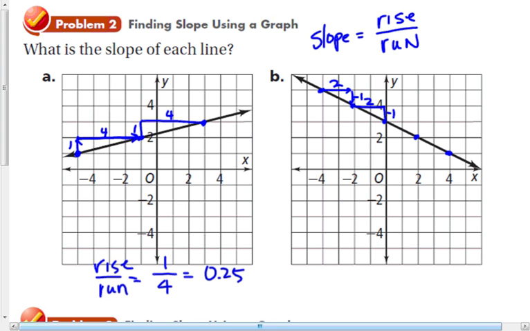My rise in this case is negative 1, and my run is 1. Then I'm going to divide those, and I get negative 1, or negative 1/2 or negative 0.5, written as a fraction or a decimal. All right, you try that.